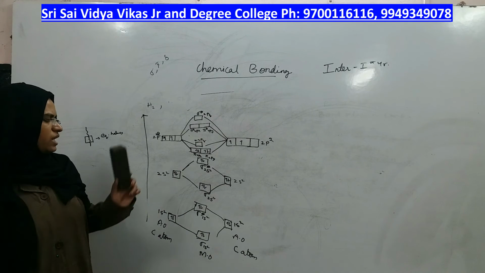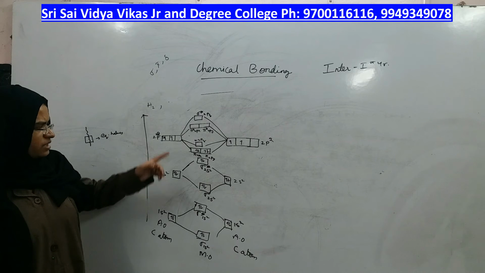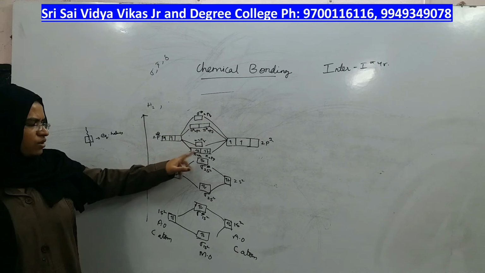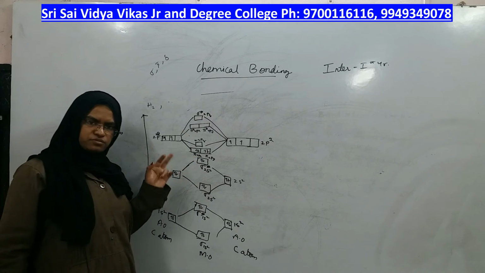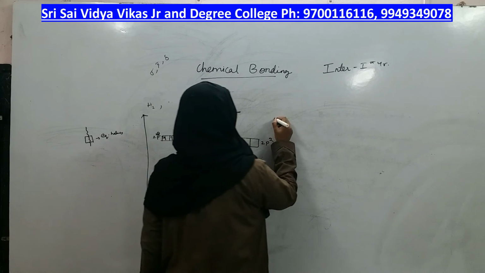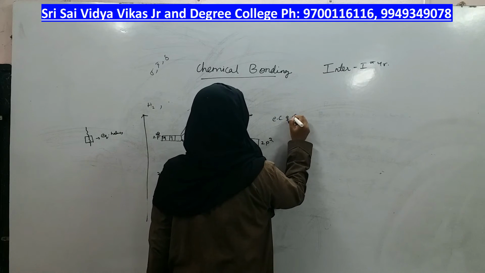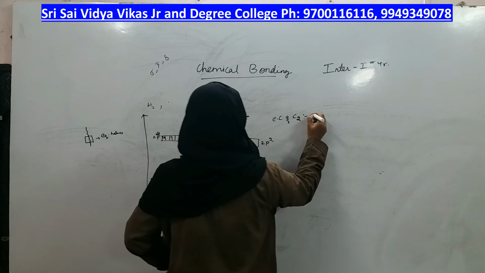So now let us write the electronic configuration of the carbon molecule and see the molecule. After calculating bond order we will see. Let us first write the electronic configuration of the carbon molecule. Same way, what is the first?